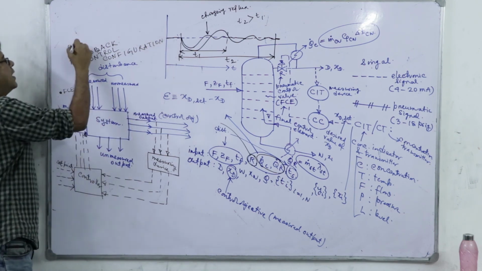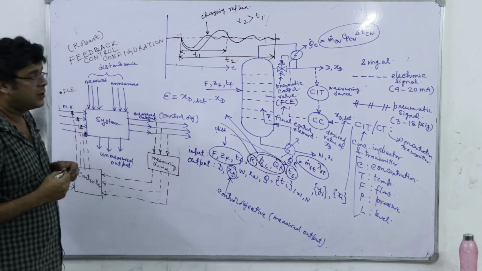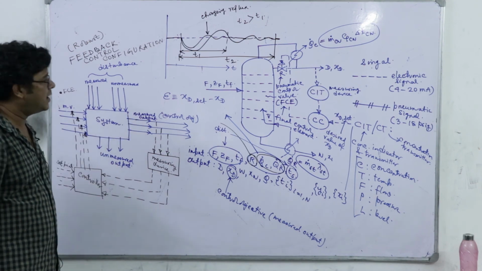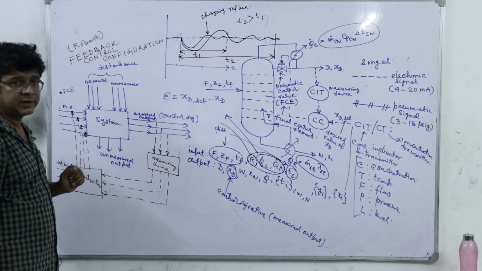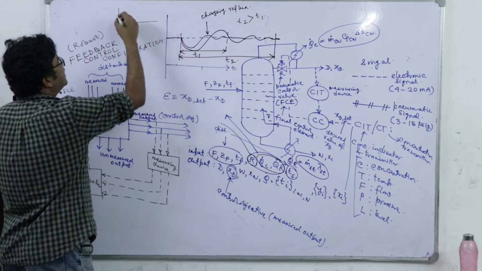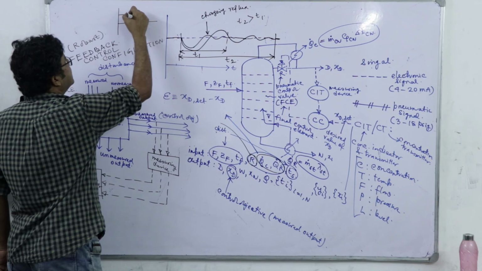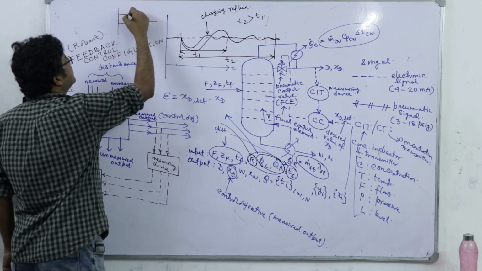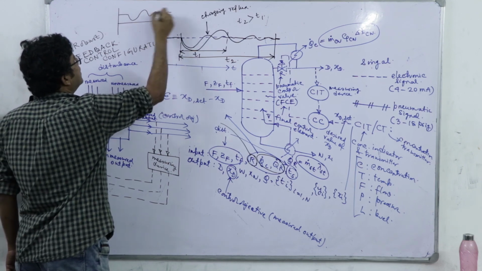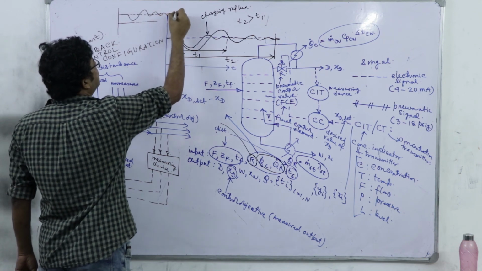Right. So, this one is the most robust control configuration. Robust means whatever may be the source of the disturbance, it will be corrected via feedback control. However, there is a problem in the feedback control. What is that? In feedback control, this XD, if I just simply try to understand its dynamics qualitatively, if there is certain disturbance, it will fall, and then the controllers will be activating the reflux ratio, and it will settle down again to this desired value, right.